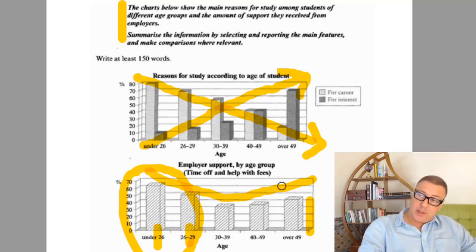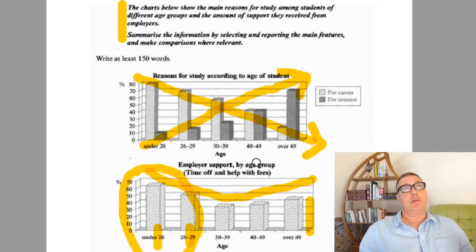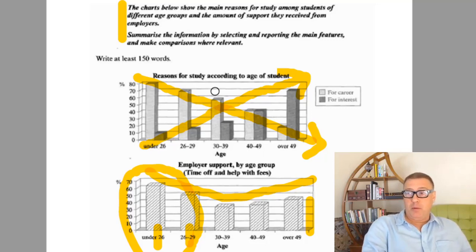And so in a way, this is kind of like a multiple graphs question where you talk about one and the other, and there is a kind of connection between the two, but you don't make comparisons between the two. You just mention the information. So for our details paragraphs, as we said, this bit here is our introduction.